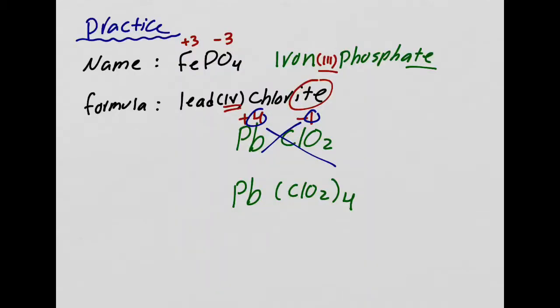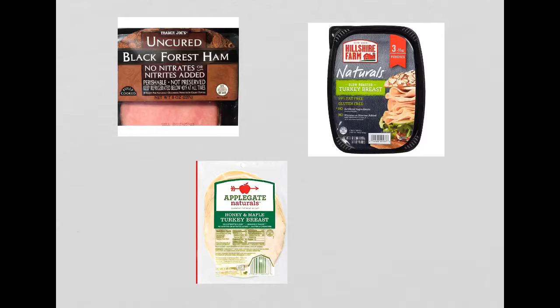Now let's do one fun thing, and then I'll let you go. I don't know if you've noticed this. If you haven't, your parents probably have, and hopefully you will notice it too. When you go to Trader Joe's, for example, or Sprouts, or Safeway, wherever you shop, to buy lunch meat, there is usually a section, Whole Foods has a huge section on it, where the label says no nitrate or nitrite added.